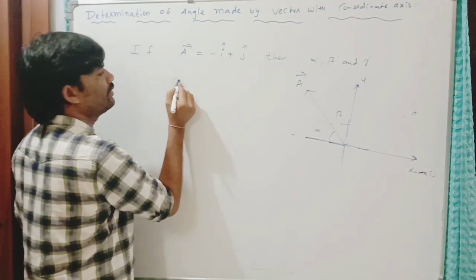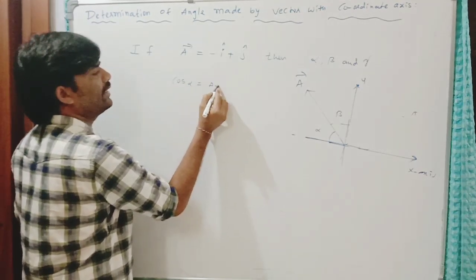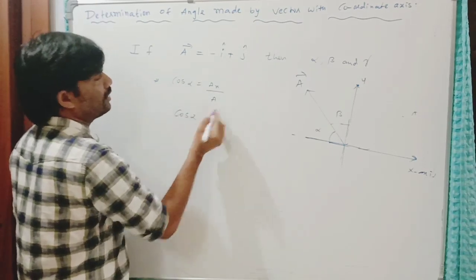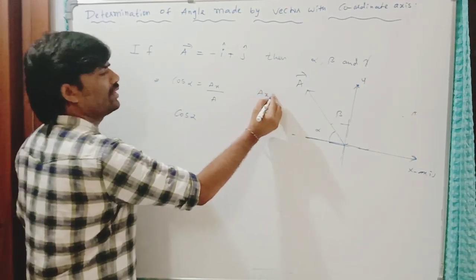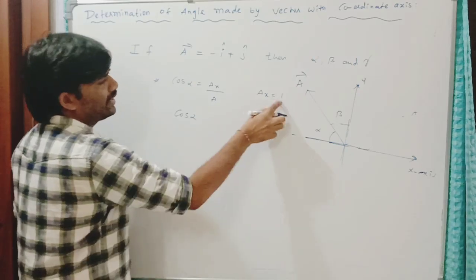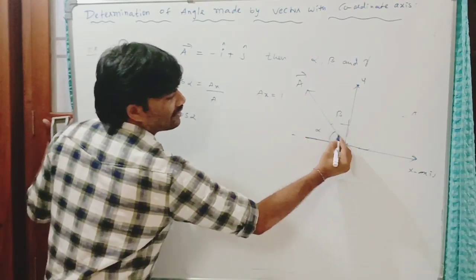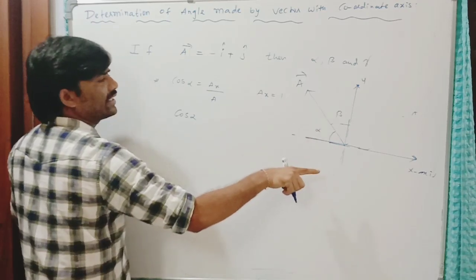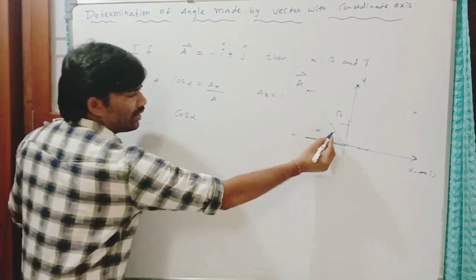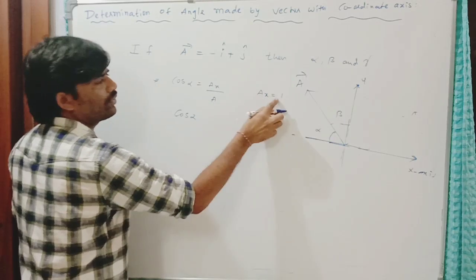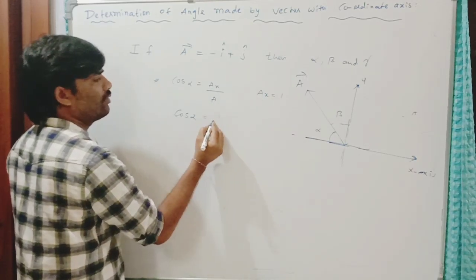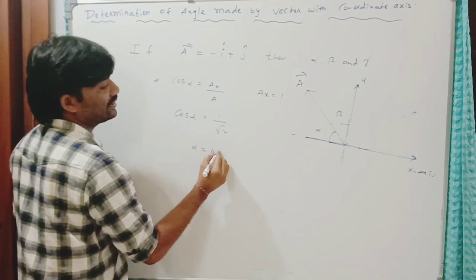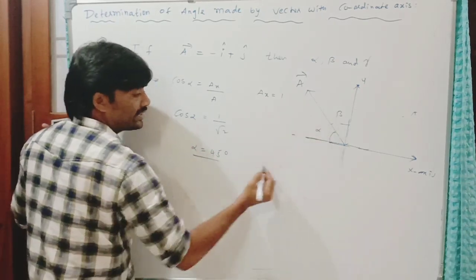Or also you can use the formula, ax by a. You can take only magnitudes. Ax is what? Instead of minus 1 you can also take 1. If you take minus 1 you will get the angle made by that vector with the positive x axis. So if you want only the angle with the negative x axis, no need to take minus 1. Here 1 by the magnitude, which is root 2, alpha is 45. This is the angle with the negative x axis.